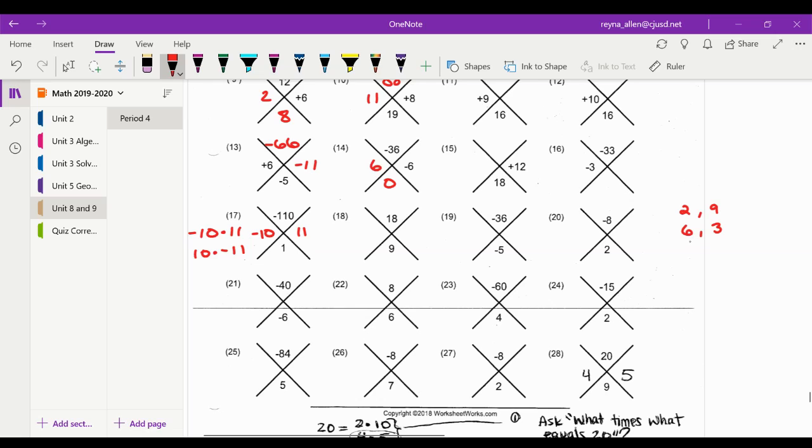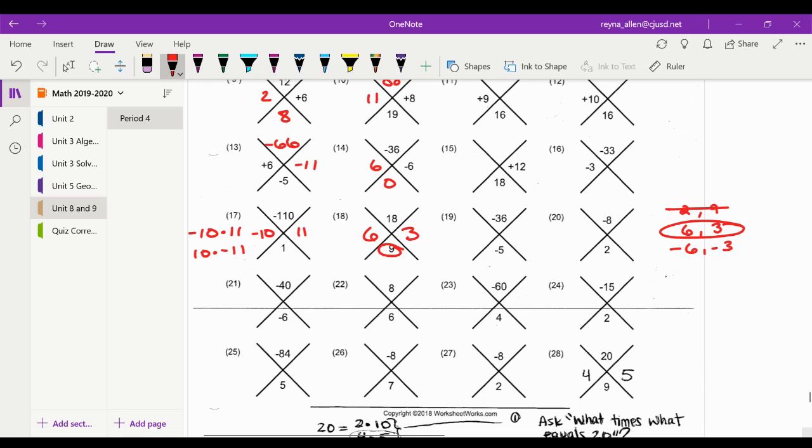No, I think that's it. Well, 2 and 9, we can't add those to get 9, so it's not going to be that set. Now we have to look at 6 and 3. And what I would also look at, negative 6 and negative 3. Our answer here is positive, so we want the positive one. So 6 and 3.